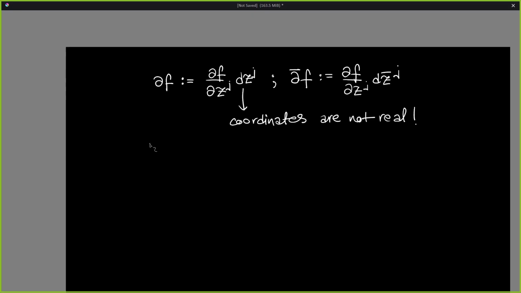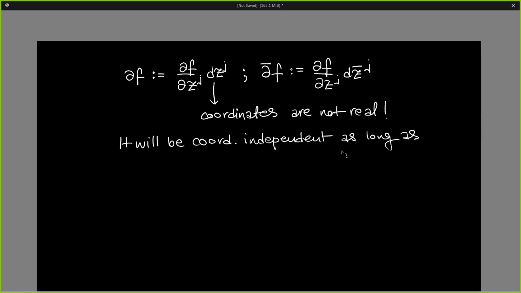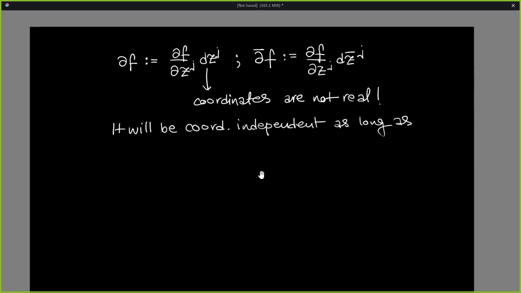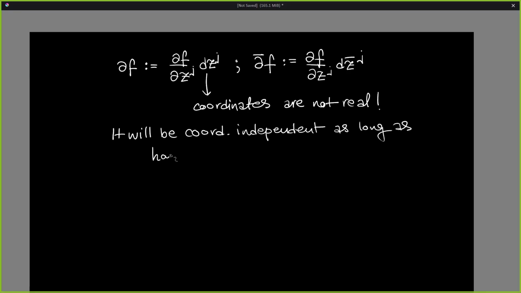And it will be coordinate independent, I'm not going to get into the working out of this, but just trust me on this one, as long as we have holomorphic transition maps.